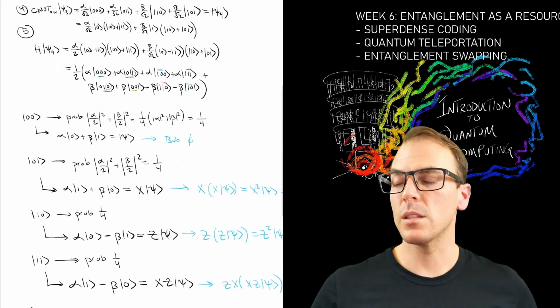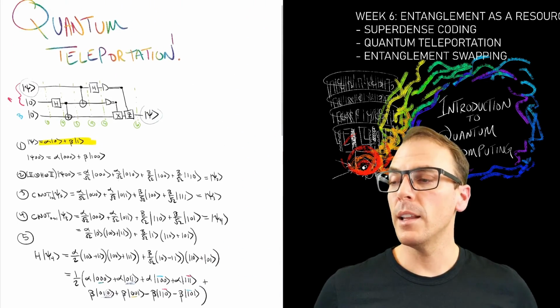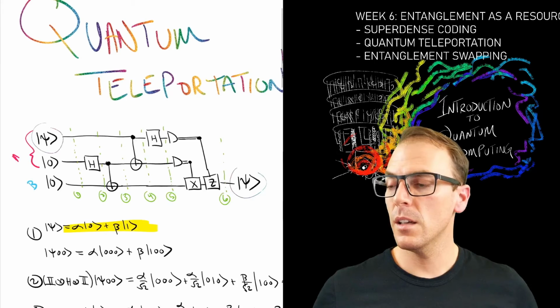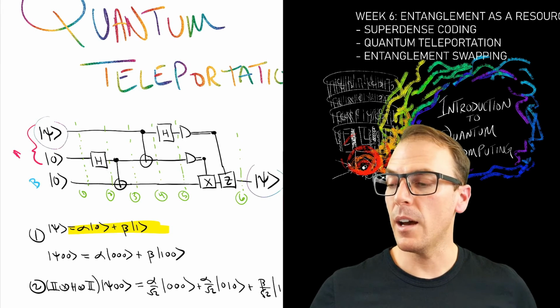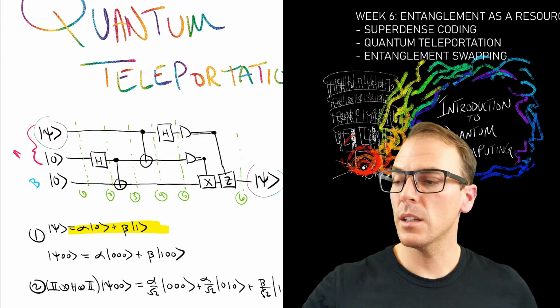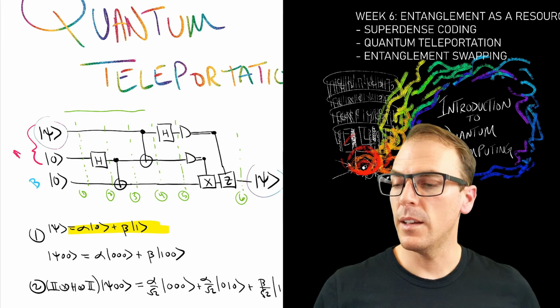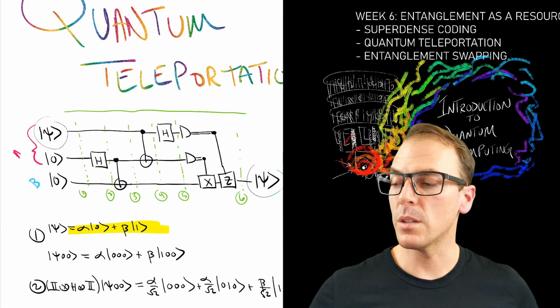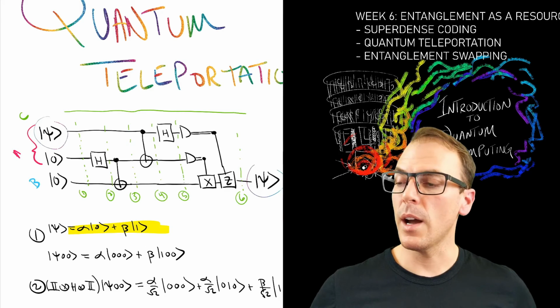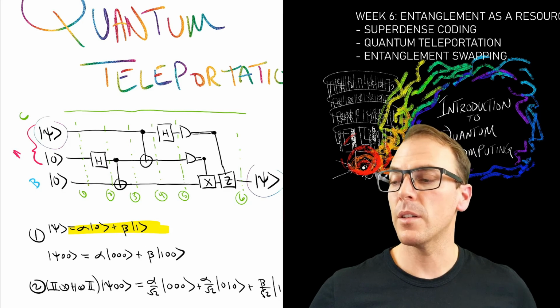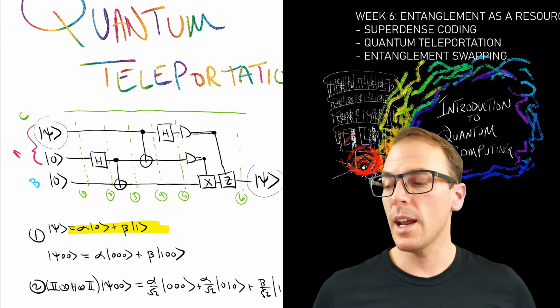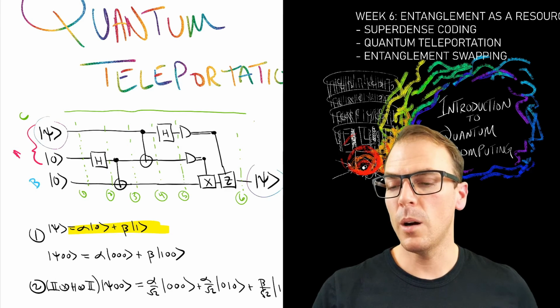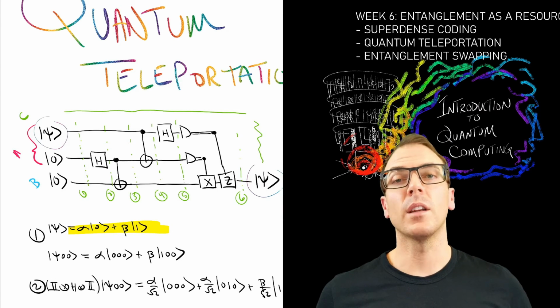Some interesting things can happen with this protocol. Alice may have actually had an entangled state, not psi, but some other larger state that was entangled with maybe another party, Charlie. So Alice and Charlie may have shared an entangled state, and after the protocol, Bob and Charlie will now have an entangled state.